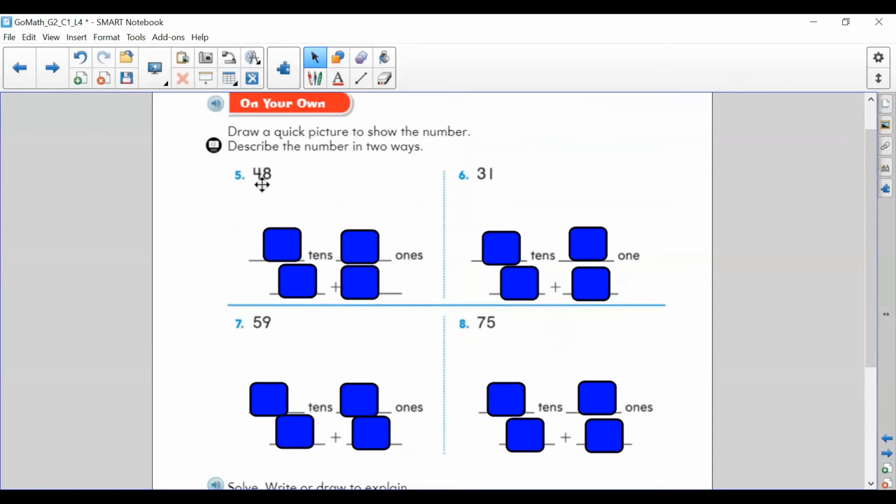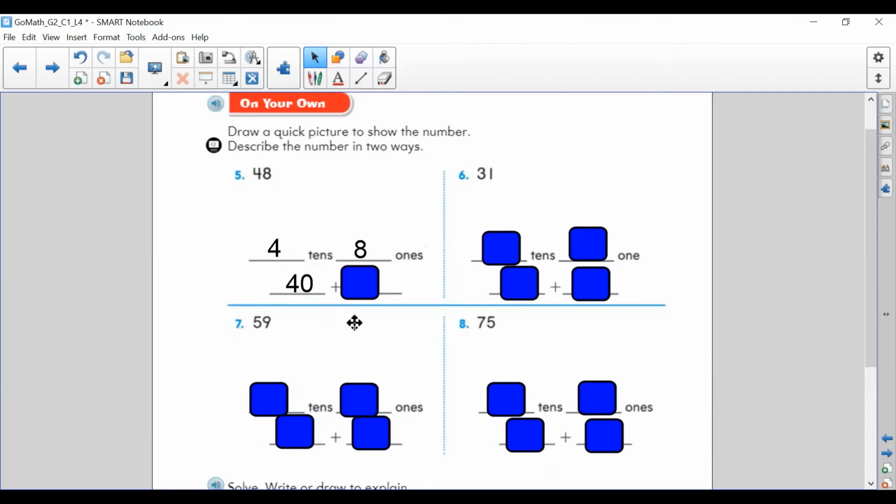So on 48, that would be how many 10s? 4. And that would be how many ones? 8. And then the value below would be, what's the value of 4 10s? It is 40.